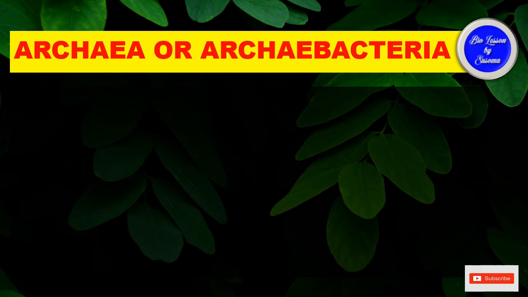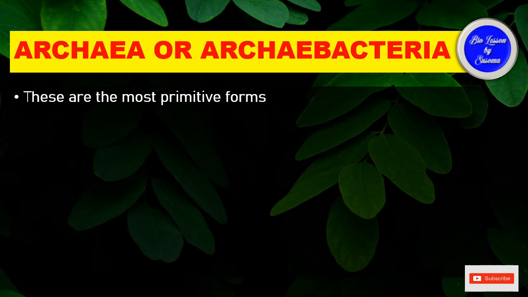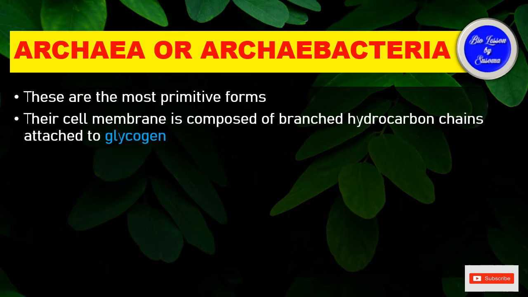So what are the distinctive features of Archaeabacteria? These are the most primitive forms. Their cell membrane is composed of branched hydrocarbon chains which are attached to the glycogen. Now hydrocarbon chains are molecules that contain entirely hydrogen and carbon, and glycogen is a multi-branched polysaccharide of glucose.